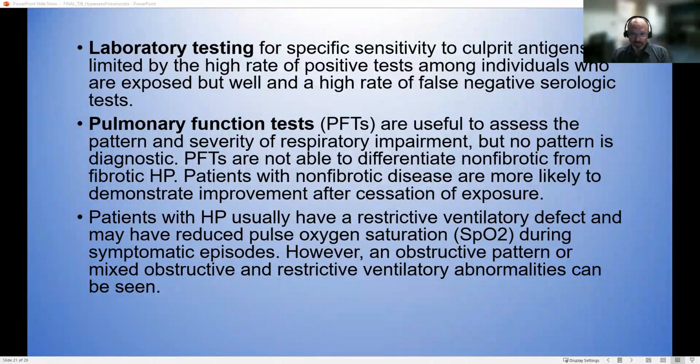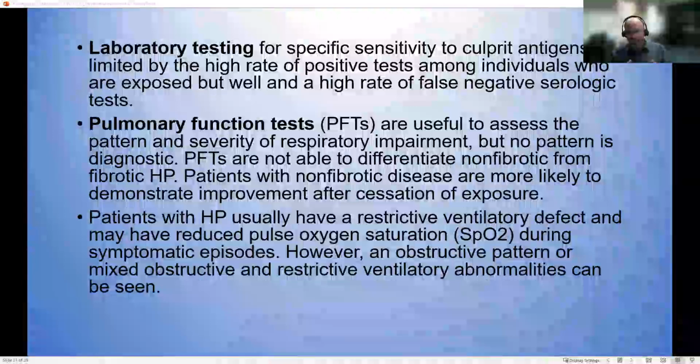PFTs will help. Pulmonary function tests will help. And again, it's not definitive if it's just a restrictive pattern. But PFTs are useful to assess the pattern and severity of respiratory impairment, and not able to differentiate non-fibrotic from fibrotic.